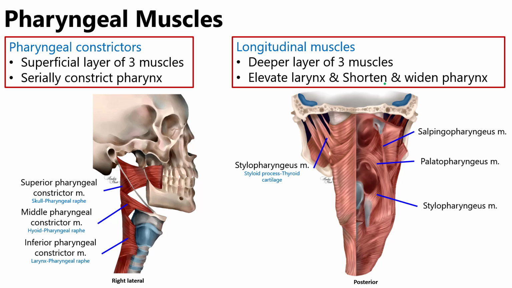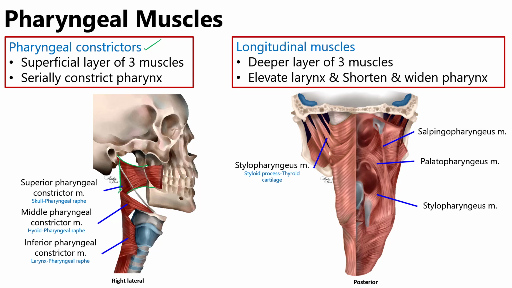Now, looking at these muscles through different perspectives. So here on the left, we can see the pharyngeal constrictors with the superior constrictor connecting to elements of the skull, so cranium and mandible, as well as the tongue, back to that pharyngeal raphe.